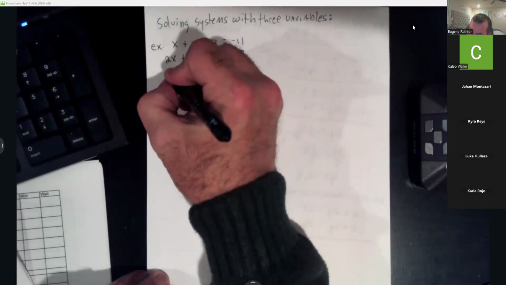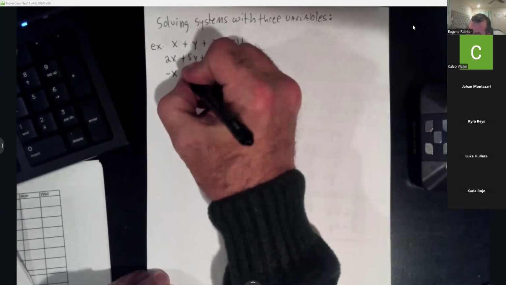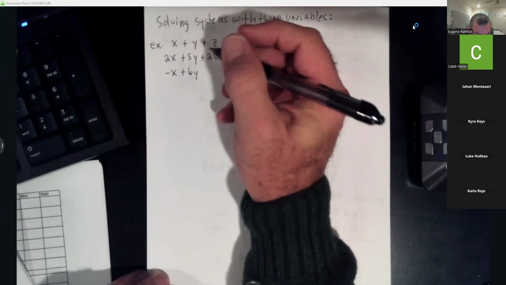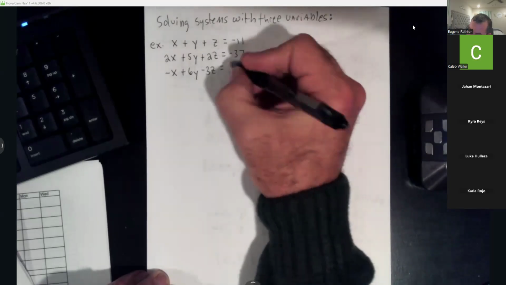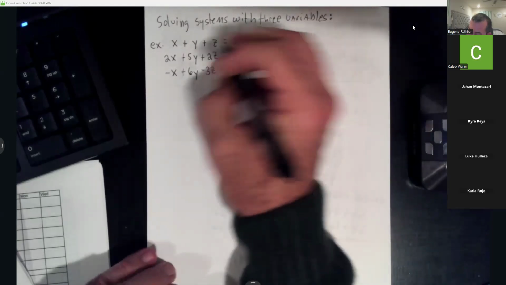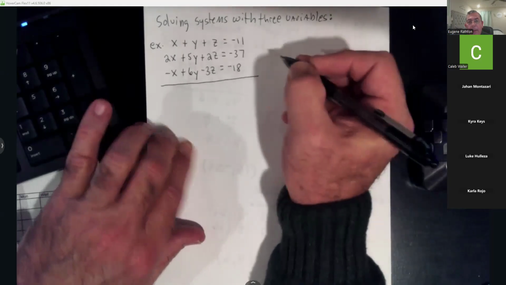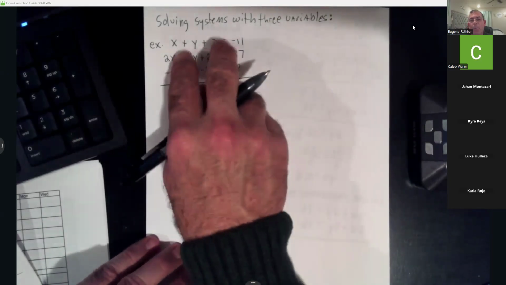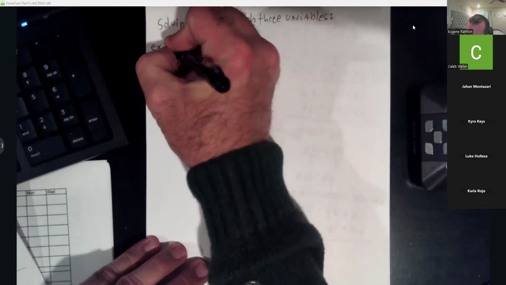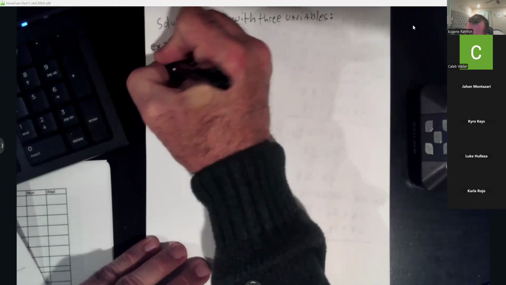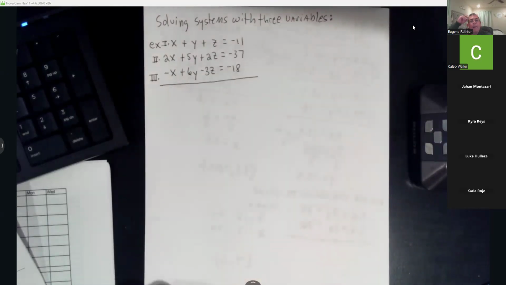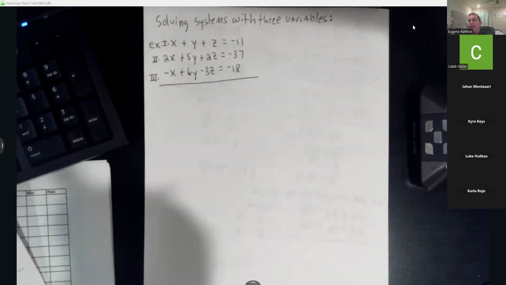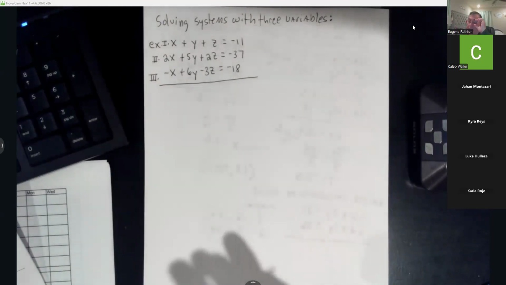And y'all, the last one is negative x plus 6y minus 3z equals negative 18. Now, so that y'all can keep up with what I'm doing, when I do 3 equations, I'm going to number them 1, 2, and 3. That way I can say what I'm doing as I'm going through, okay?